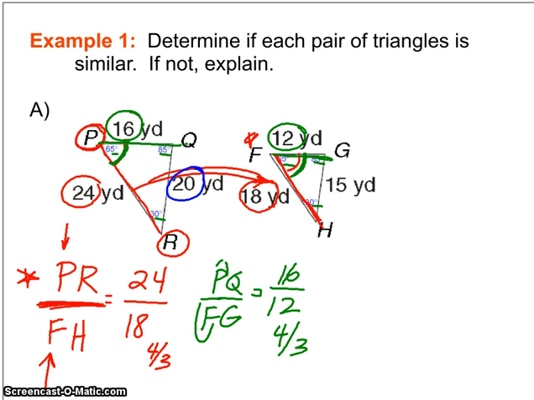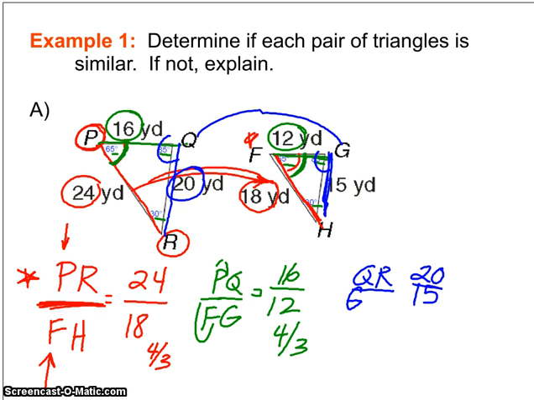This is 20, which is QR. Again, Q is the 85-degree angle, so find the 85-degree angle over here. Q corresponds to G. And this last length here is 15, and that's GH. Simplify 20 to 15, and you get, once again, 4 to 3.